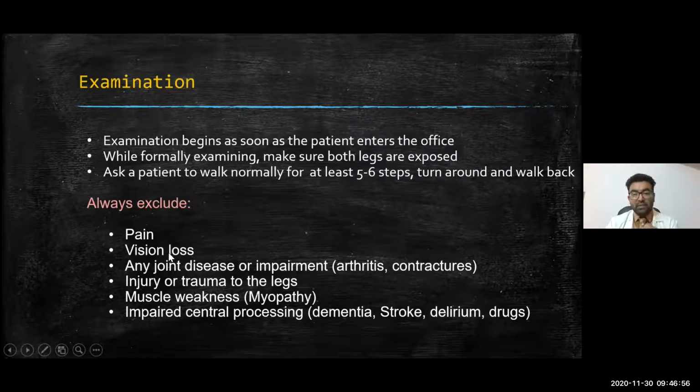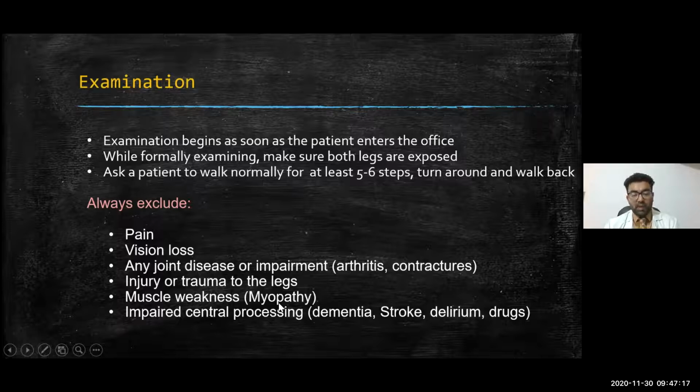Then ask the patient about vision loss, or if the patient has any joint disease or impairment. For example, arthritis or contracture in the legs can also give rise to an abnormal gait. Then ask if the patient has any injury or trauma to the legs.